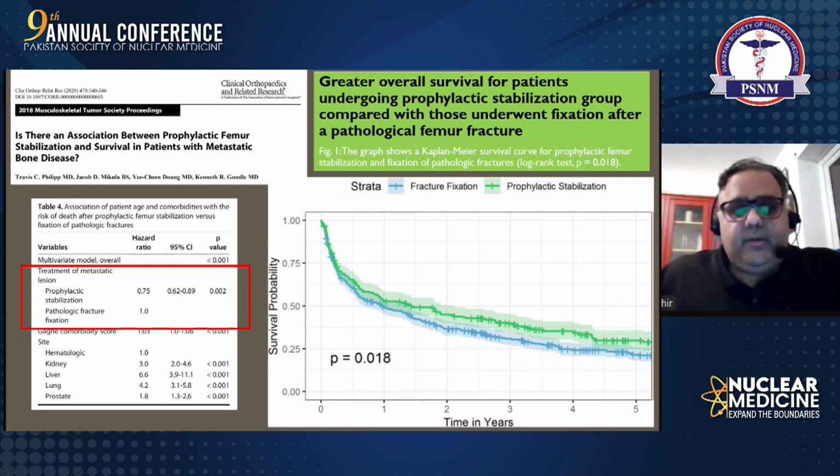The idea is that if we are able to effectively calculate the risk of fracture, we can intervene early, and that has a better outcome as compared to fractures which actually happen, because then it has an impact on the quality of life and the outcome as well.